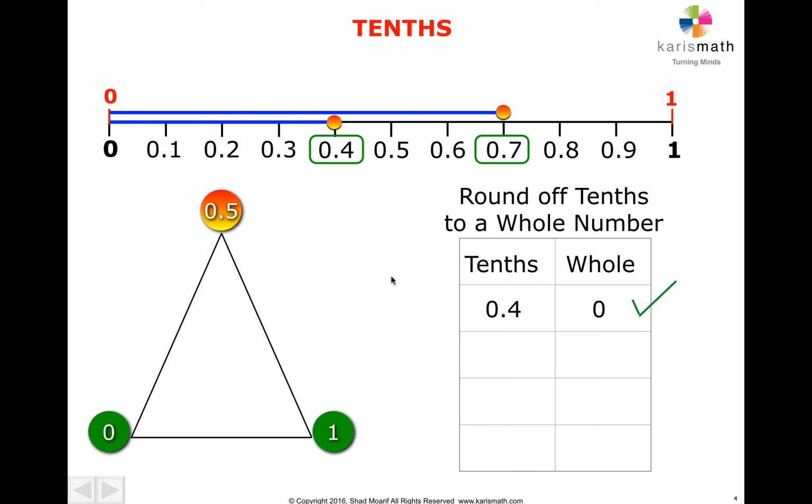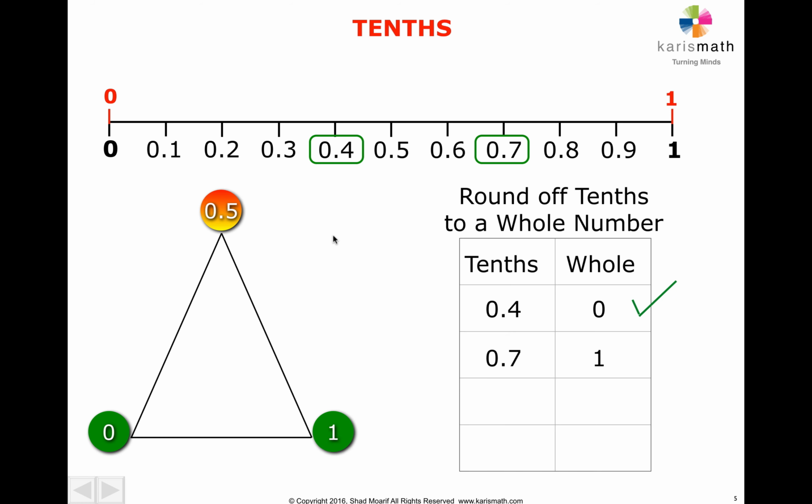On the other hand, you have 0.7. 0.7 is closer to 1. Notice it's closer to 1. It's not so far from 1. While 0.4 is closer to 0, not so close to 1. That's what it's showing here. So roll towards 1, and so 0.7 rounds off to 1 whole.